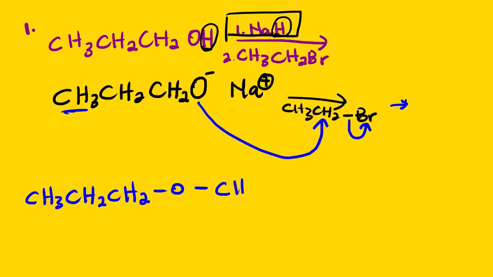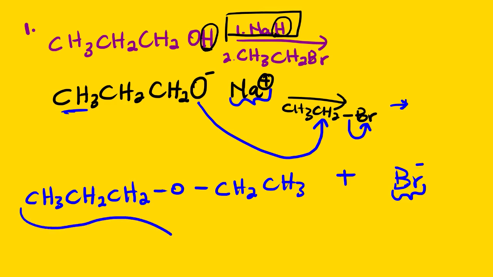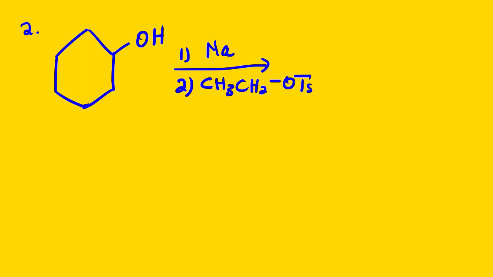Then we have CH2CH3 plus Br. We can say this Br will simply react with the sodium just to give a stable reaction, but you can see that this is our ether, which is our product.